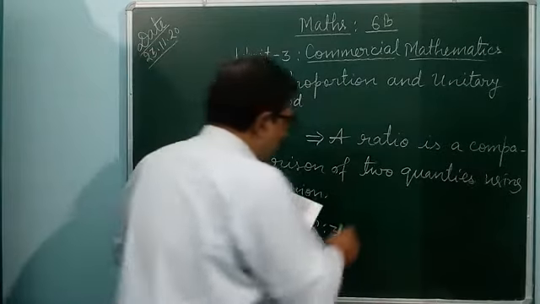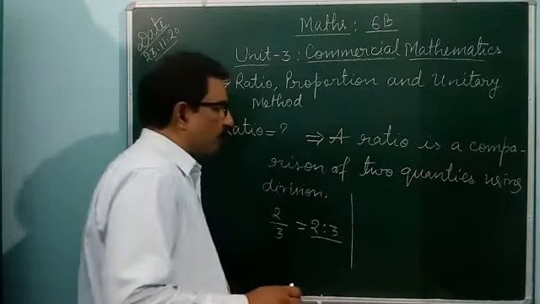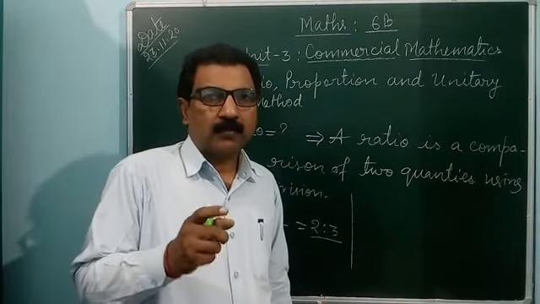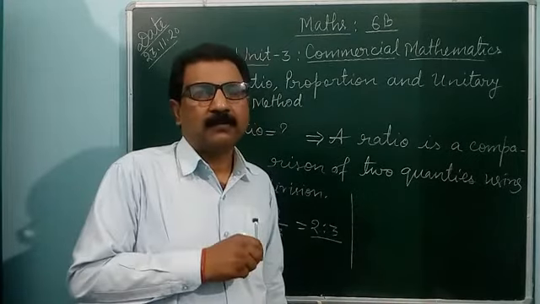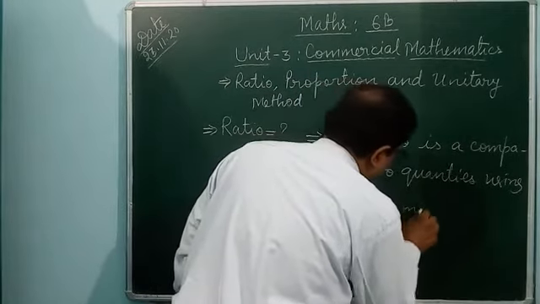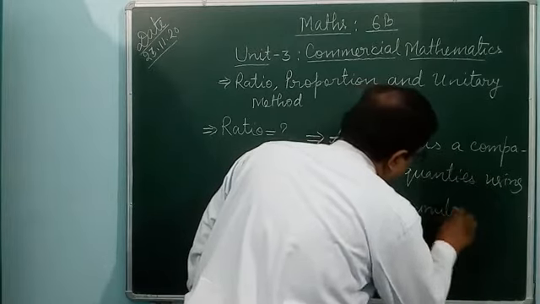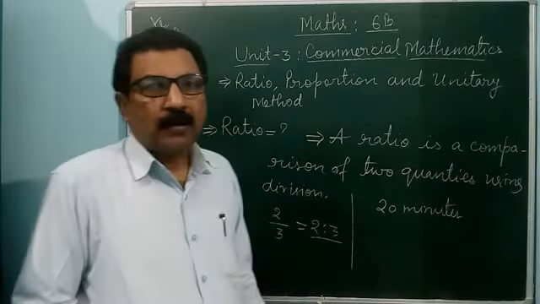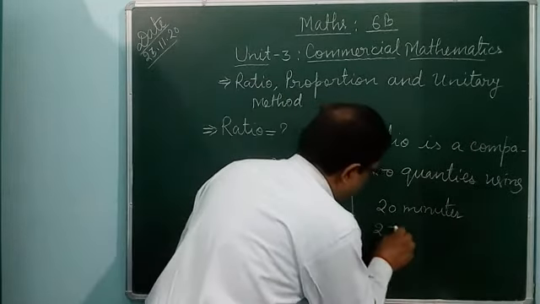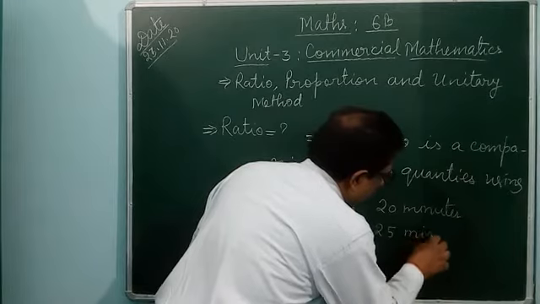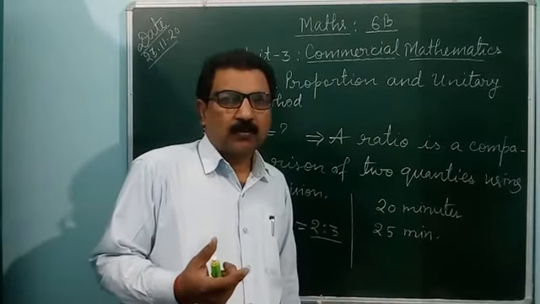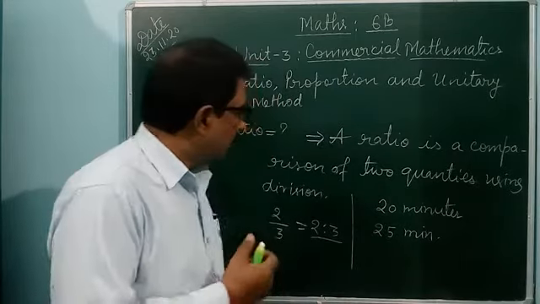It means suppose Ram takes 20 minutes to move round a park and Ramesh moves around that park in 25 minutes. So find out the ratio of these two persons.